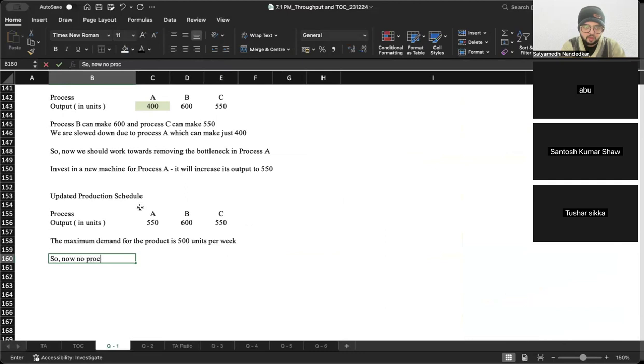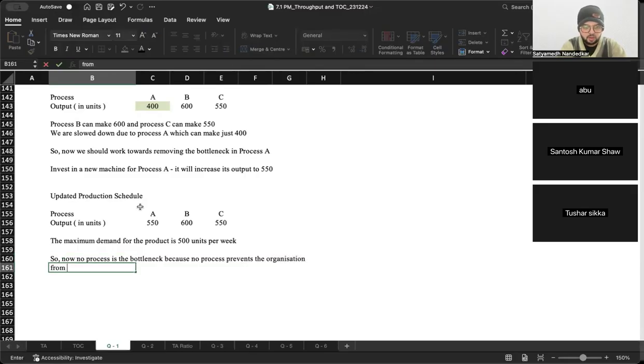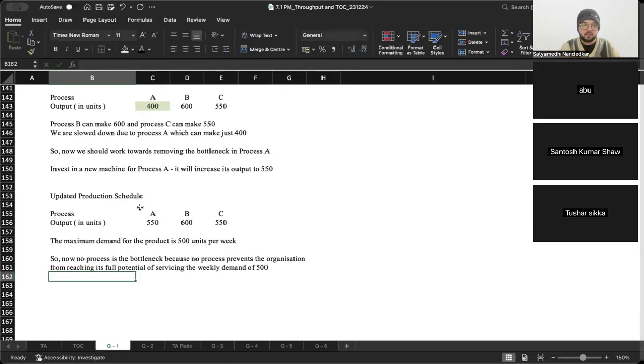So now no process is the bottleneck, because no process prevents the organization from reaching its full potential of servicing the weekly demand of 500. There is no demand beyond that, so you can't make more than that.